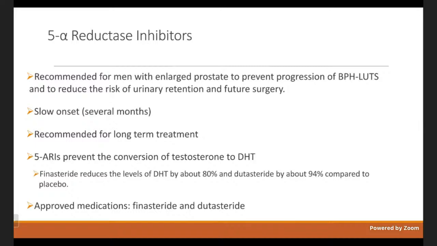So whenever we give this 5-alpha reductase inhibitor, testosterone is not converted to dihydrotestosterone, so prostatic growth is not stimulated, and ultimately the progress of the disease is affected. The approved medications for 5-alpha reductase inhibition are finasteride as well as dutasteride.